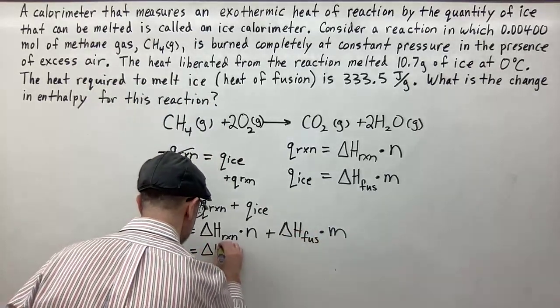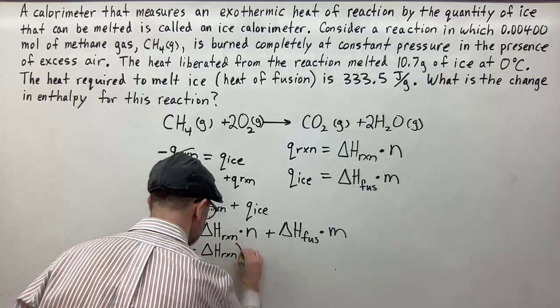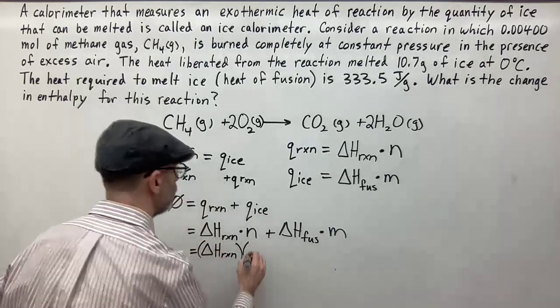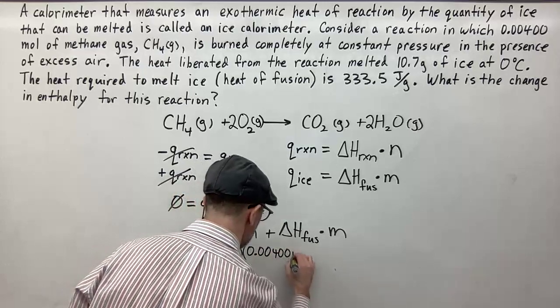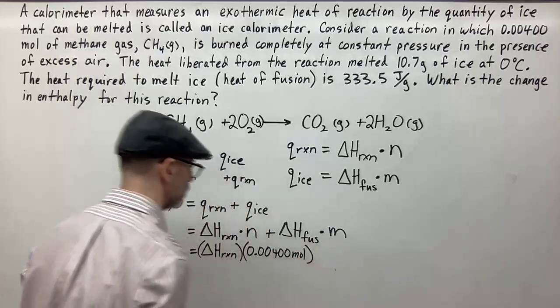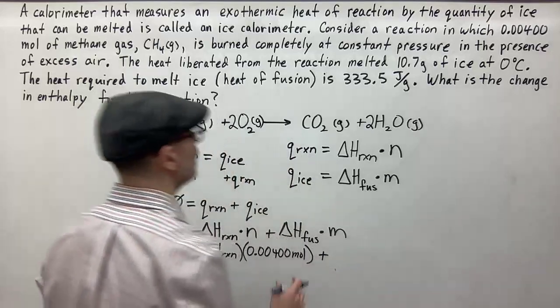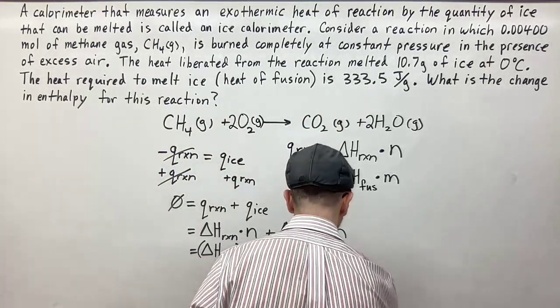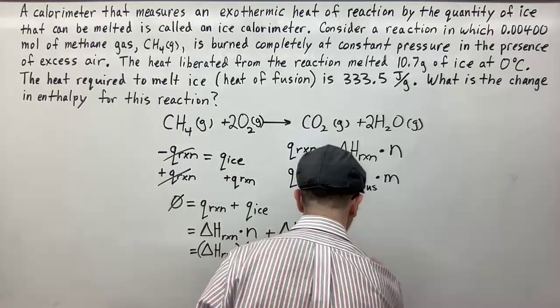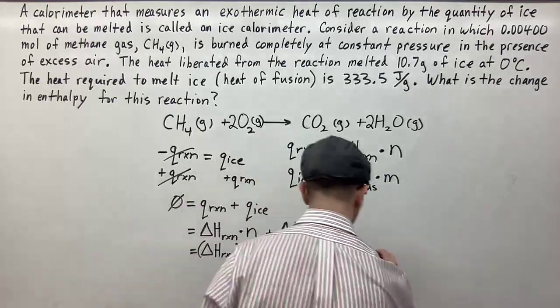So delta H of the reaction multiplied by the number of moles, which is 0.00400 moles, plus the heat of fusion, which is 333.5.